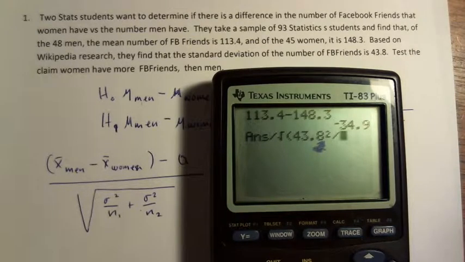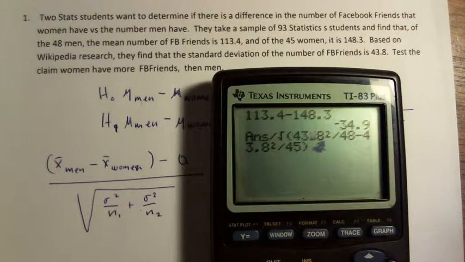Sample size for men is 48. Plus 43.8 squared divided by the sample size. The sample size for women was 45. So this is our z-score, the difference divided by that strange looking standard deviation.